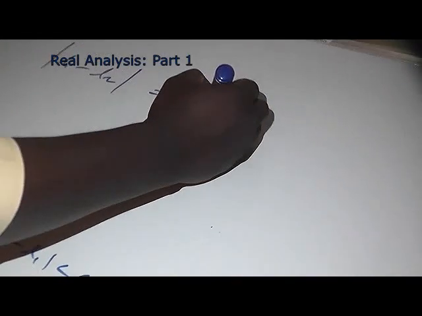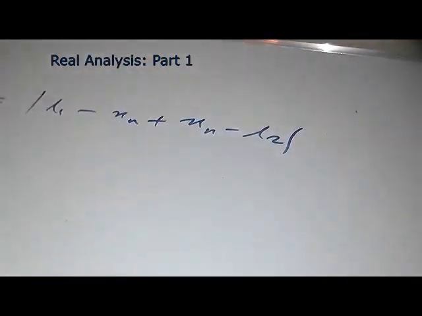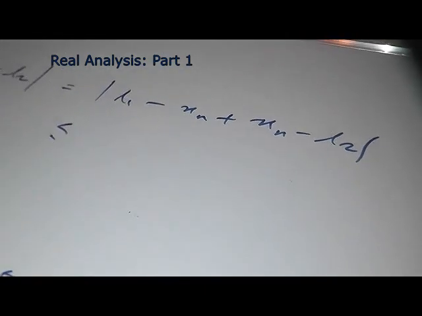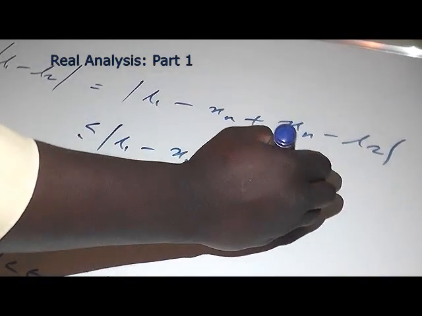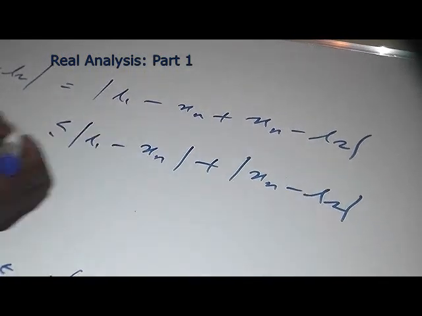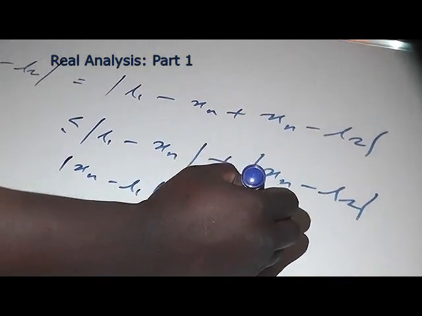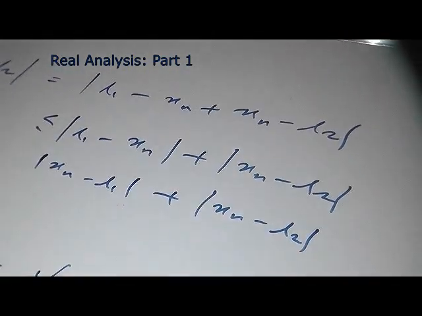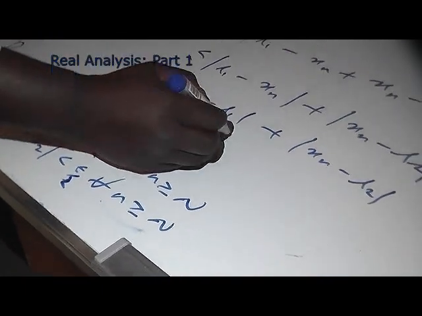L1 minus L2 is nothing but L1 minus xn plus xn minus L2. And this is less than or equal to, from triangular inequality, absolute value of L1 minus xn plus absolute value of xn minus L2, which, because of a property of absolute value, is absolute value of xn minus L1 plus absolute value of xn minus L2. If this is half epsilon, then this will be epsilon by 2 plus epsilon by 2, which will give us epsilon.